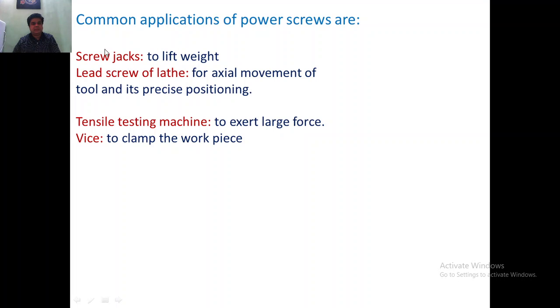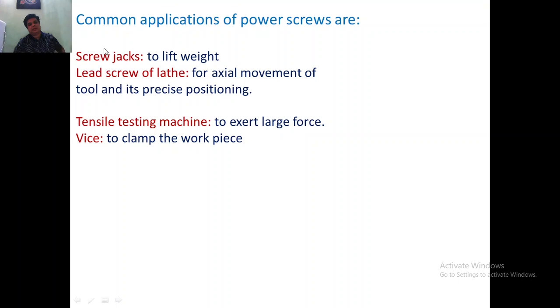The screw jack is used to lift the weight. A normal person can lift the weight of the car at the point where the wheel or tire is to be replaced.